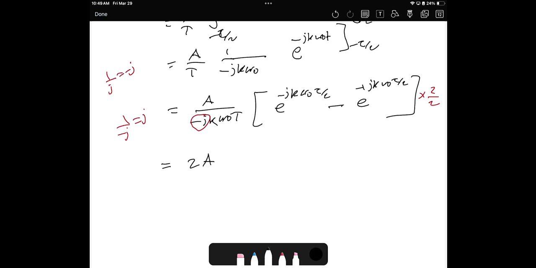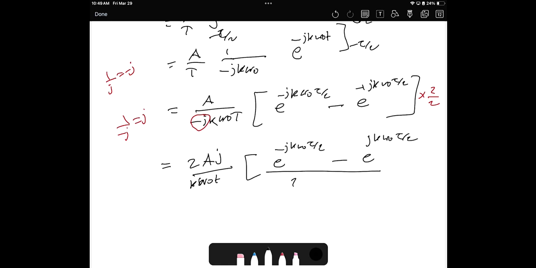So it will be 2A times j over k omega naught T. Then e power negative jk omega naught tau over 2 minus e power jk omega naught tau over 2, divided by 2.